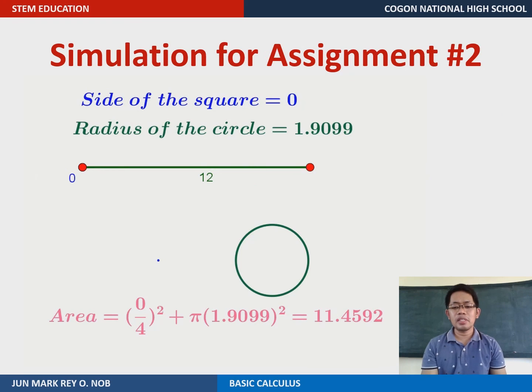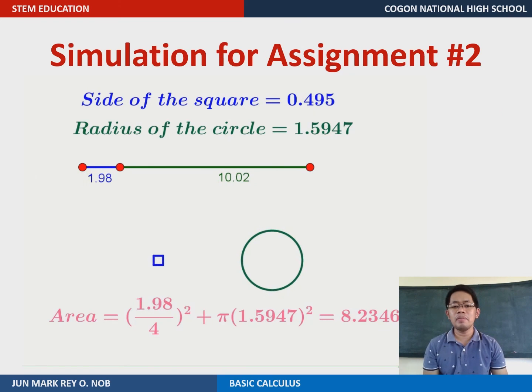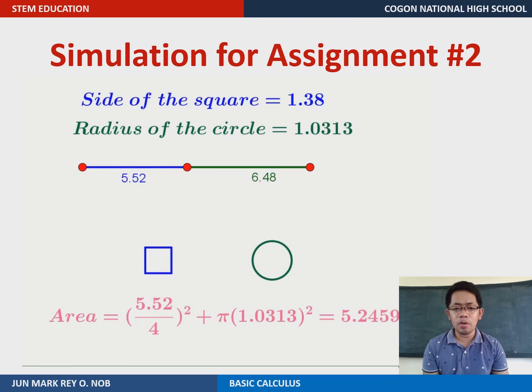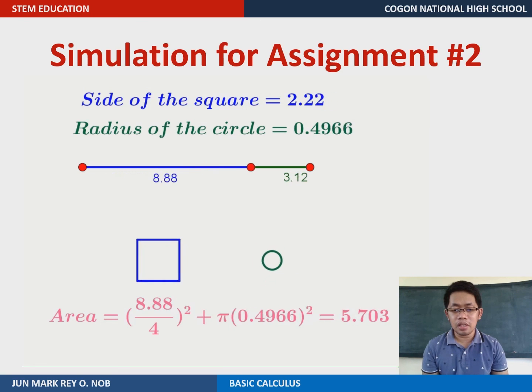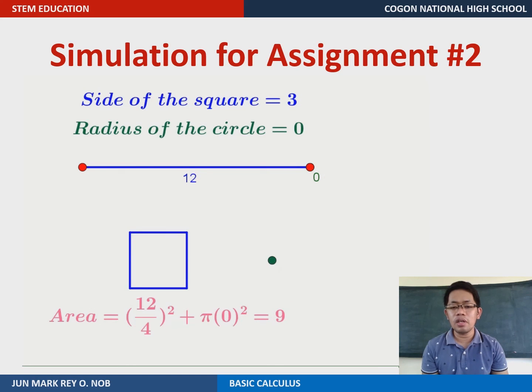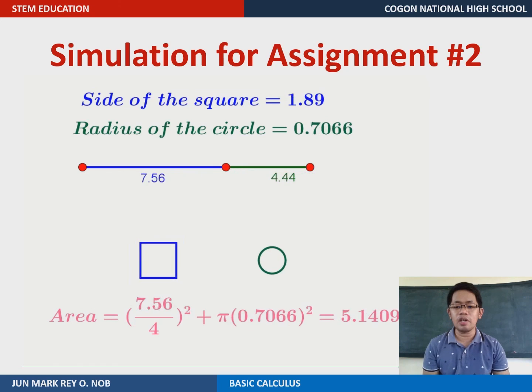Likewise, I also presented the digital simulation for this problem. The line segment with the blue color is to be bent to form a circle, and the line segment with the green color is to form a square.